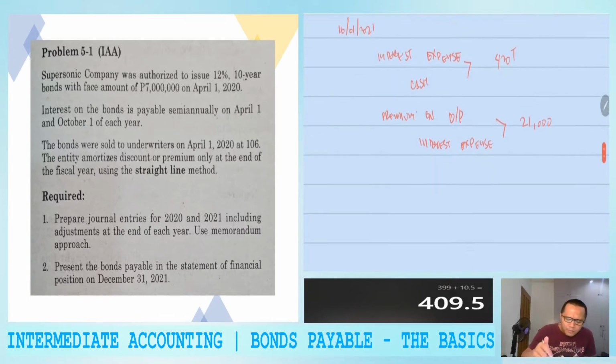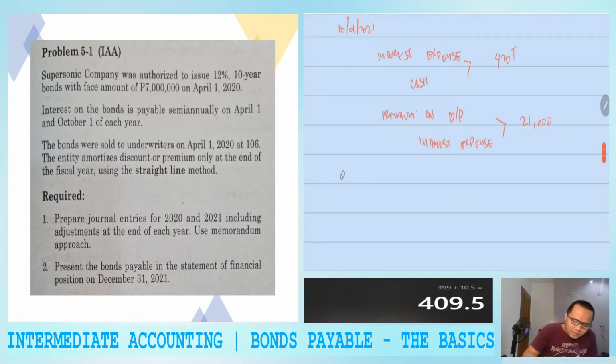Okay? And then, again, adjustment na naman on 12/31/2021, same lang because there are no changes. Debit interest expense, credit interest payable, 210,000.